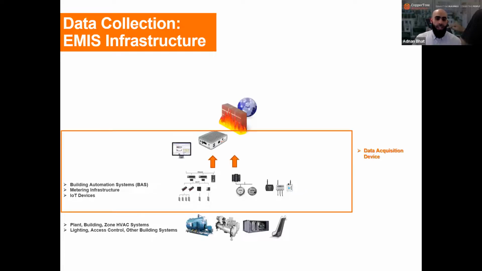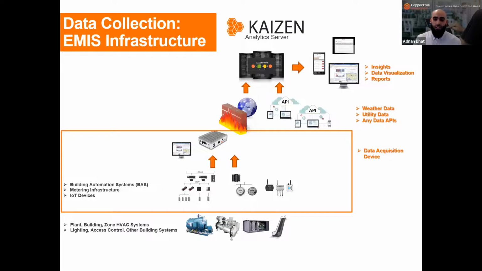And then data acquisition is achieved by integrating these different data sources, either at a building level using an edge device, or at a cloud level using data connectors deployed to access other data sources such as weather and utility data. And this data could be either inside the building or outside the building.